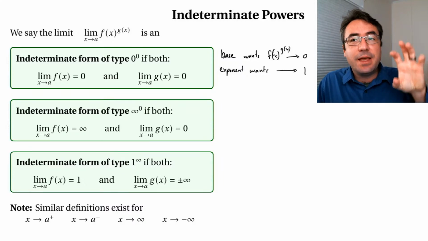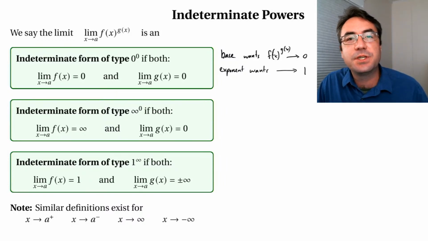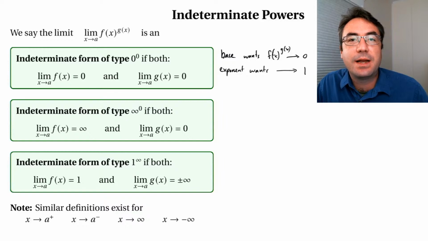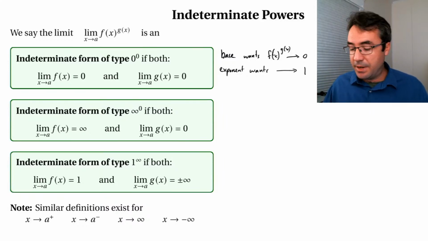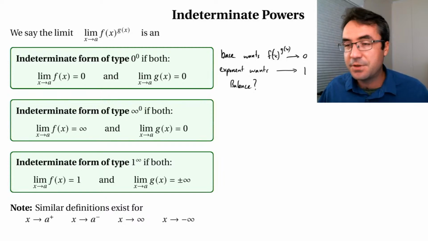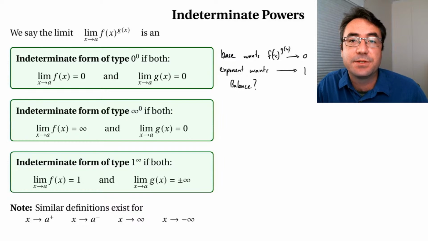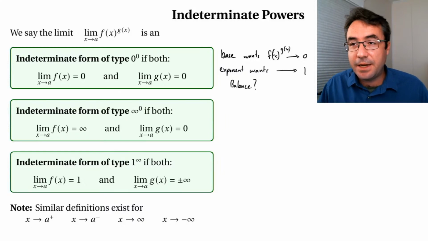So the base term and the exponent want two different things. The base term wants to make the whole expression go to 0. The exponent makes it want to go to 1. So does the base term win? Does the exponent win? Or do they balance out and we get something in between? So that's the mystery. We don't know what happens. Same thing if we have the base term going to infinity.